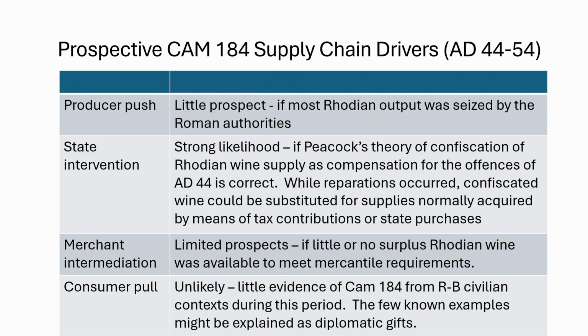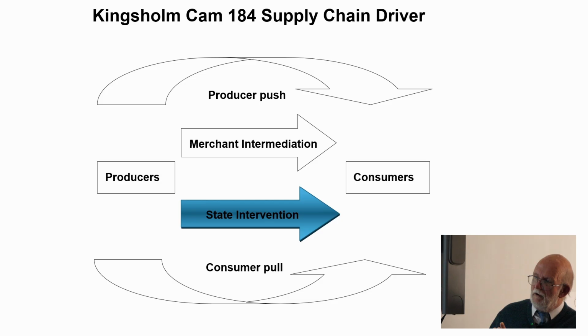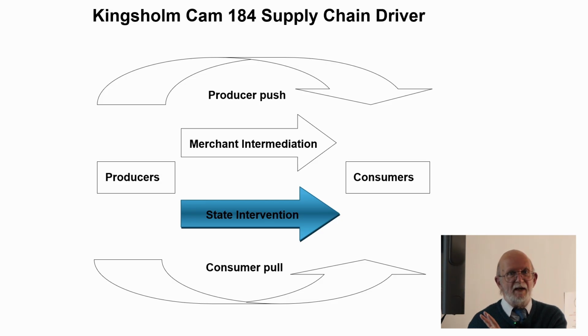So within here, the producers and the consumers are probably not significant players, if our understanding's correct. The state certainly is likely to be. The merchants may have a subsidiary role, but not proven. Hence, within my model of highlighting the key players, I've only identified the state as a dominant key player.